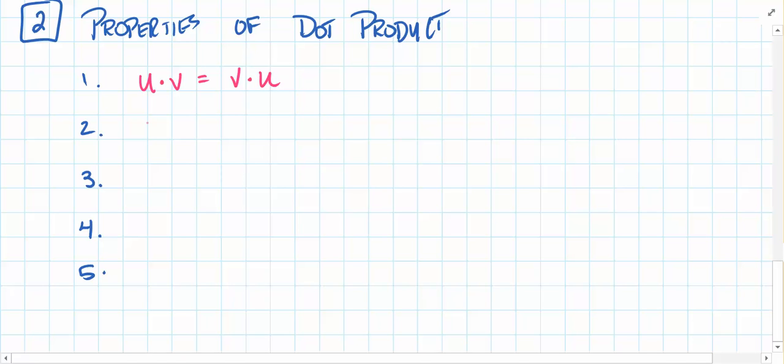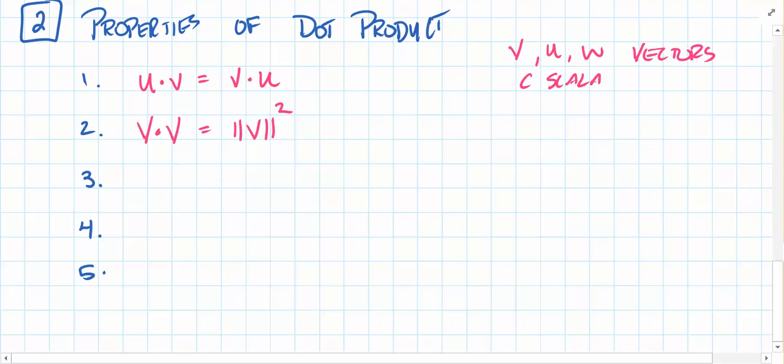We also saw that a vector dotted with itself is the same thing as that vector's magnitude squared. Those 2 are the ones we just saw in the last example. u, v, and w are vectors, and c is a scalar.